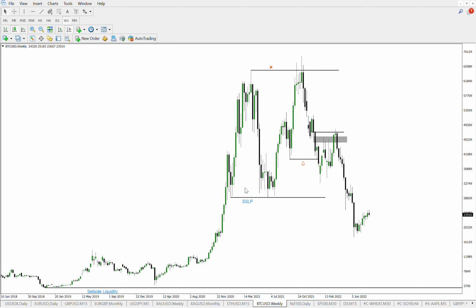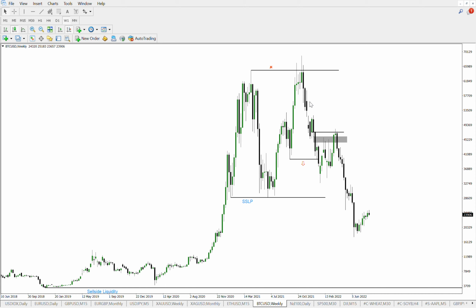These equal lows in here are going to be a big draw on liquidity. Whenever you see equal lows or equal highs, there's buy and sell orders resting above and below the marketplace. So the algorithm's always going to want to reprice back to those levels to pick up more orders.